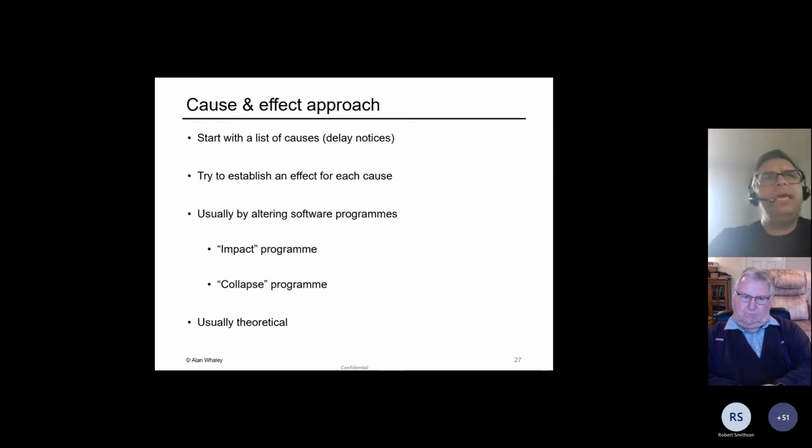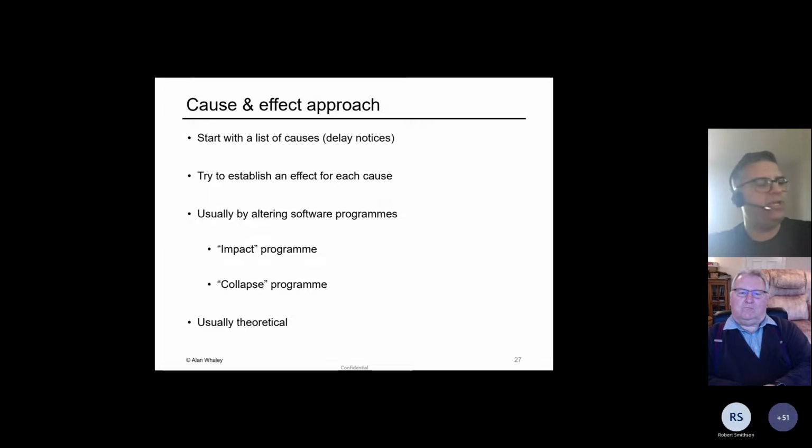Now, the issue here is that we tend to have to do this by modeling. So cause and effect analysis in this order, we usually have to use program software to impact or collapse programs, because it isn't usually the case that you can just say that one event in isolation caused the delay.